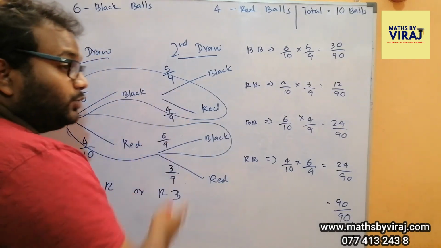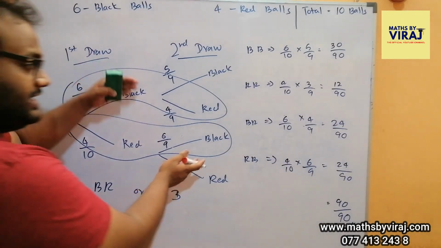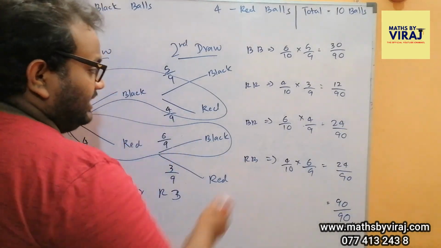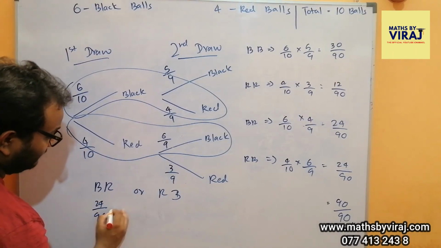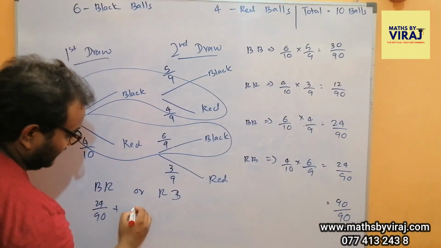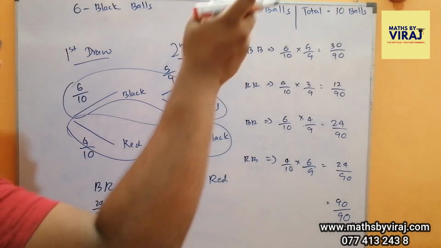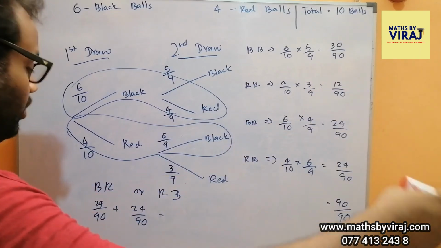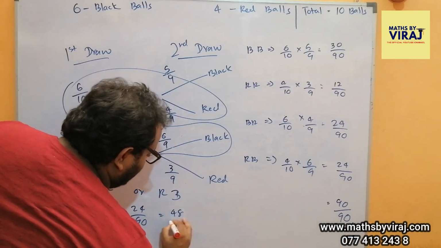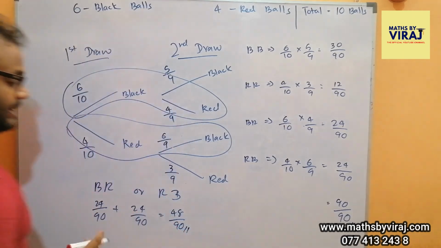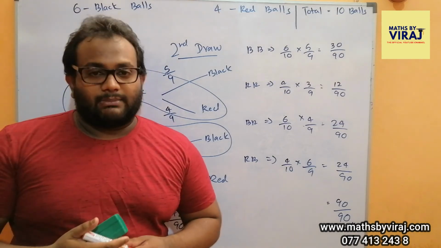Now, these two are parallel branches. What did I say? Parallel branches, what do we do? We add them. Therefore, black red is 24 over 90 plus red black is again 24 over 90, and the probability of me getting either a red ball and a black ball or a black ball and a red ball is 48 over 90. Remember, parallel branches we add the probabilities.